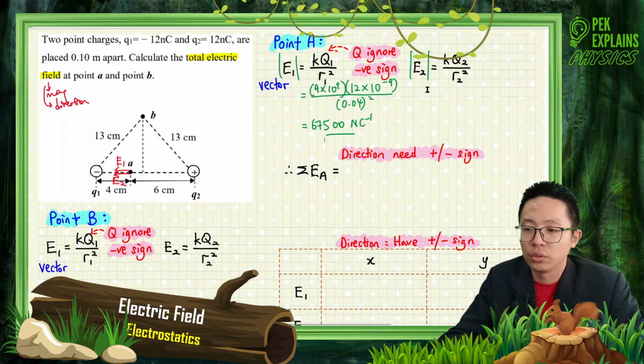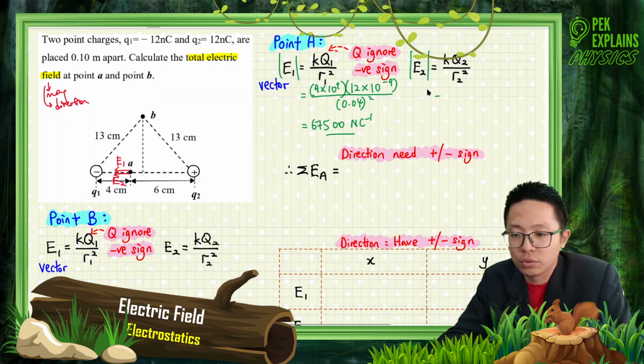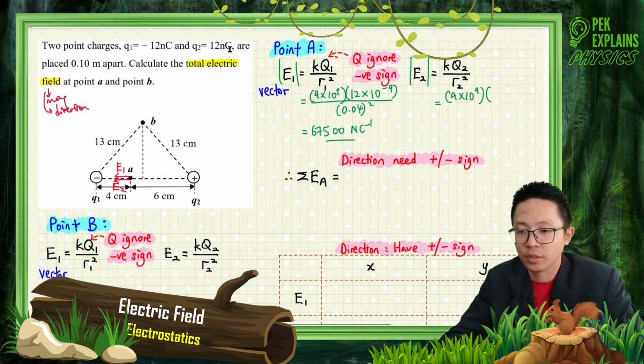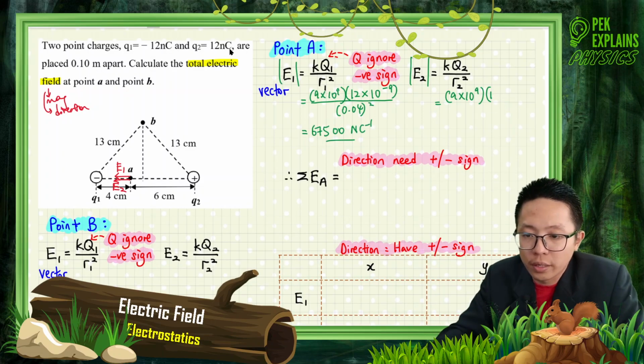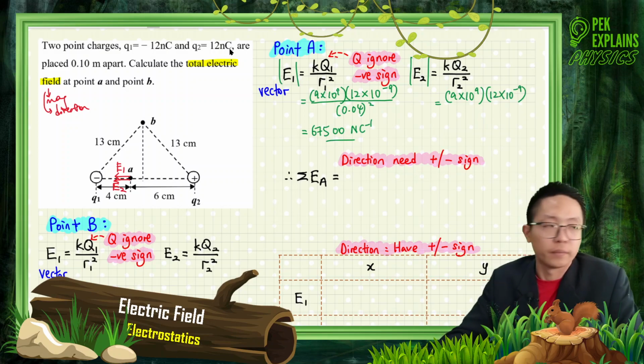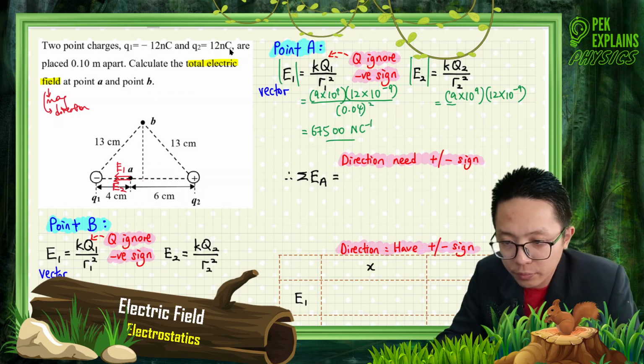Now how about Q2? Also the same thing. Q2, do the same way again. Q2 is 12 nanocoulomb, so 12 nano, nano is negative 9. Then what's the distance?